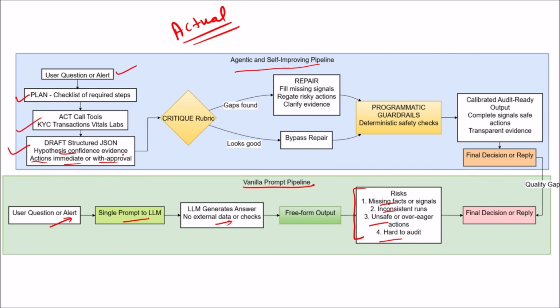Then it enters the self-improving part. The critic or rubric checks whether gaps are there in the actual rules and the findings. It repairs, fills the missing signals, regrades the risky actions, and clarifies the evidence. If it looks good, then it bypasses the repair, because everything is good.